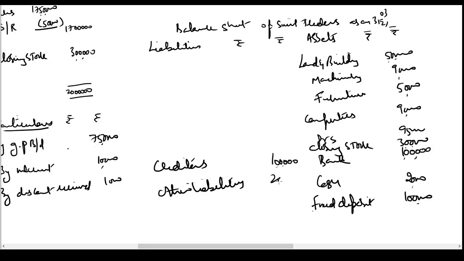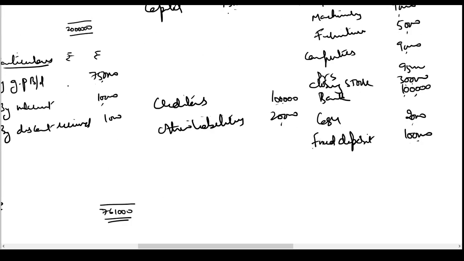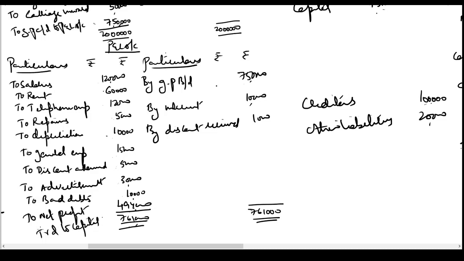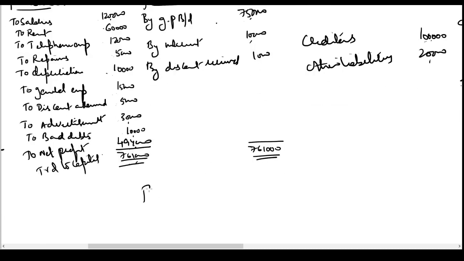Capital, as per the trial balance, is 7,31,000. But here, if you see the P&L account, we have written net profit transferred to capital account. The entry we have passed is P&L account debit to capital account.